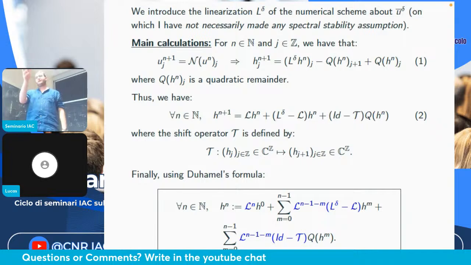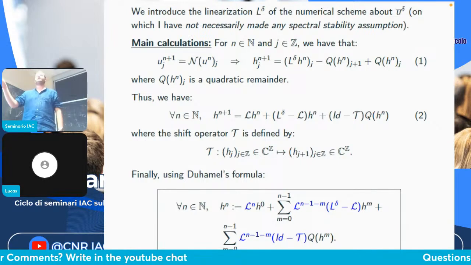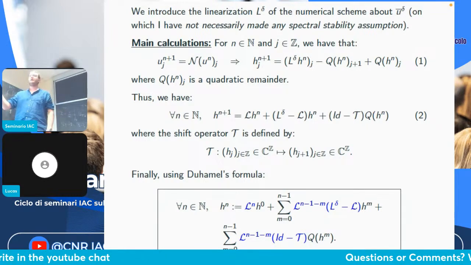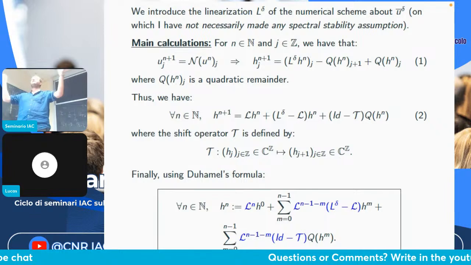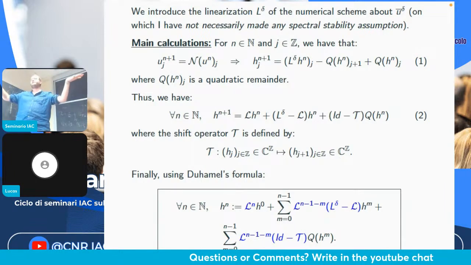I think that it's true that, for instance, in L1 you don't have contraction, but in L infinity those waves going to infinity don't pose any problem because they're going towards zero in L infinity norm.